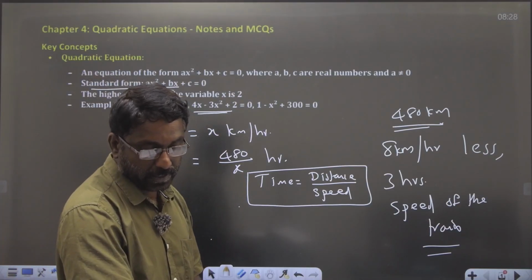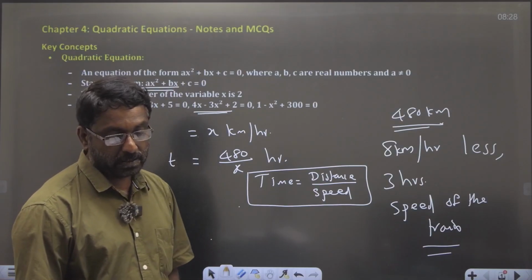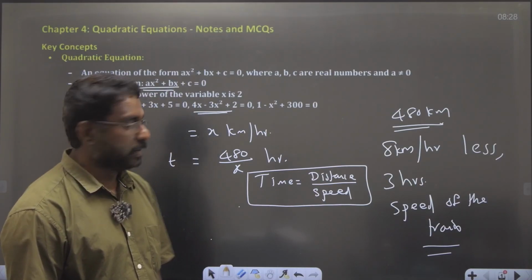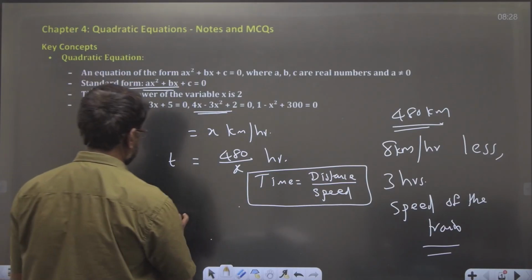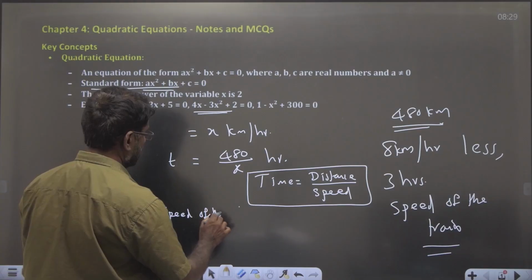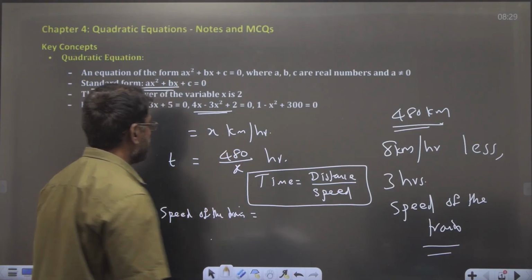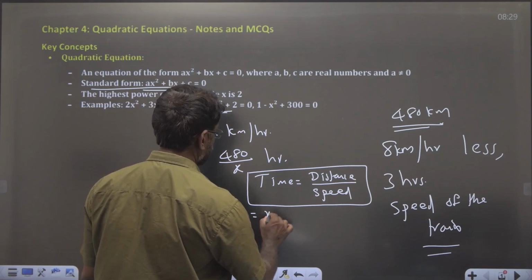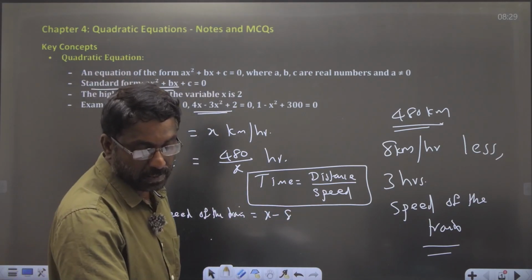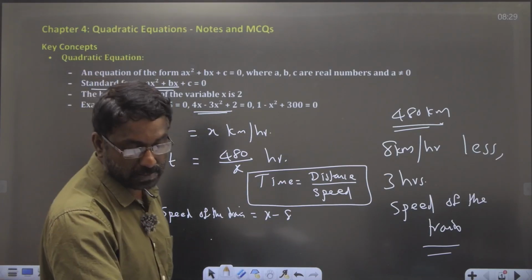Then again, what is the next part of the question? If the speed had been 8 kilometer less, that means the speed of the train, which was originally x, reduces to x minus 8.